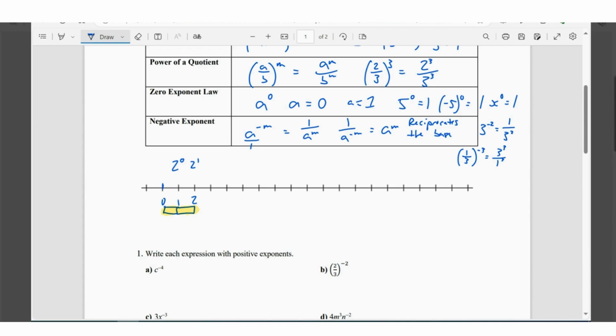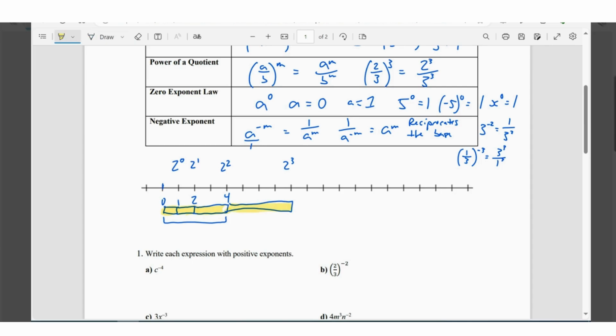And now for 2 to the power of 2, these two spaces, we're going to double that space again. So now we double that, and we've got 2 to the power of 2, or 4. And now to go to 2 to the power of 3, let's double all of this. We're going to end up with 5, 6, 7, 8, 2 to the power of 3.